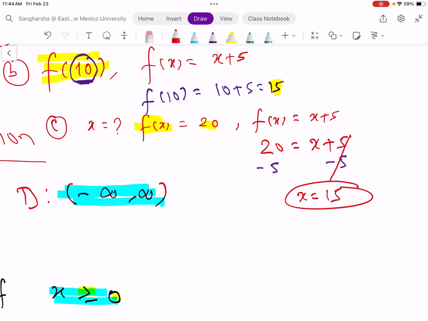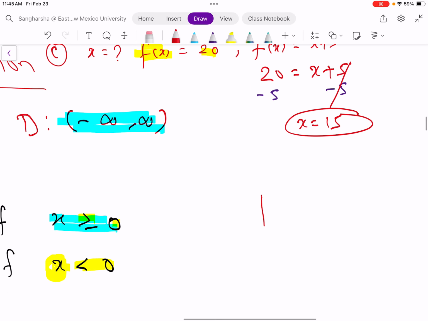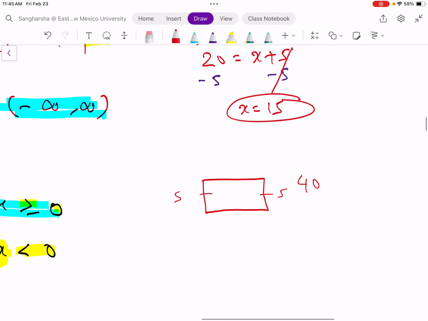For one perimeter value, do you get exactly one length or more than one length? Let's say this rectangle has a perimeter of 40, and the width is, let me call it, 5. Will the length be exactly one length or more than one length?